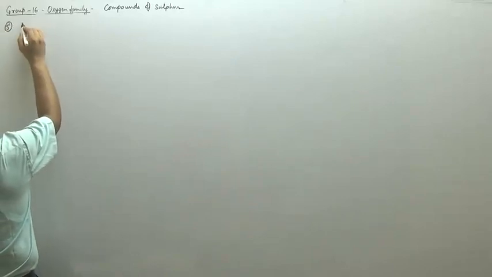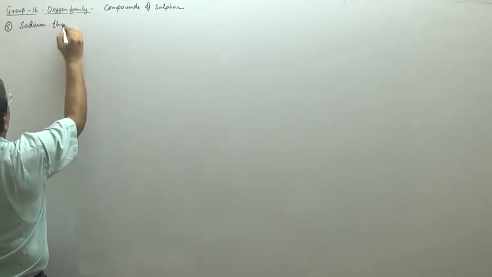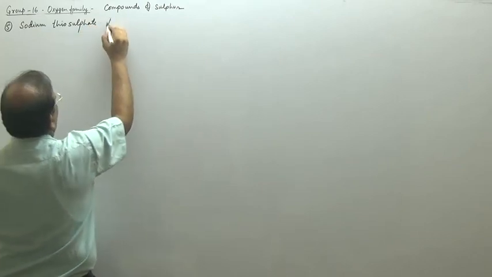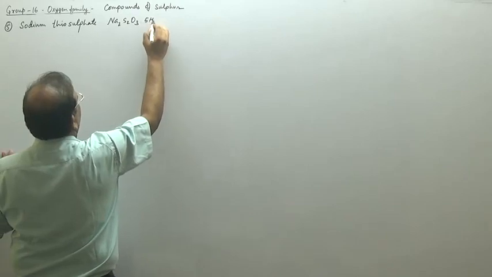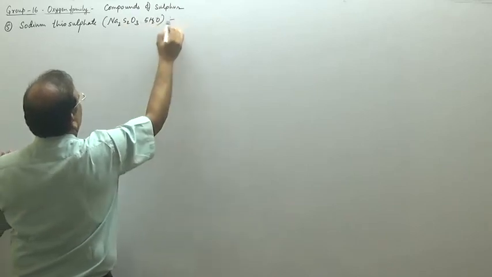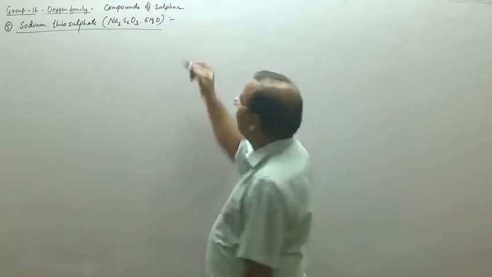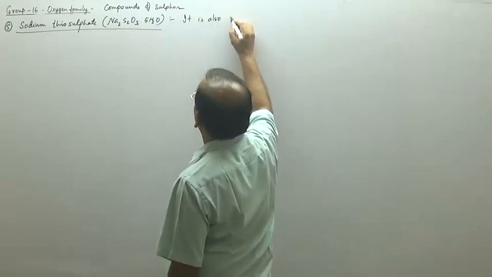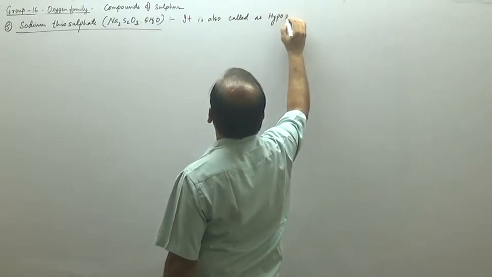I'm going to write sodium thiosulfate, and the formula for sodium thiosulfate is Na2S2O3.5H2O. It is also called the hypo solution.